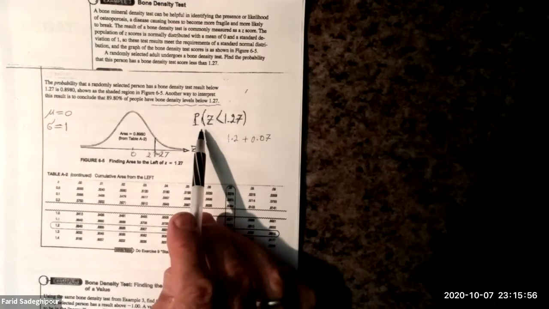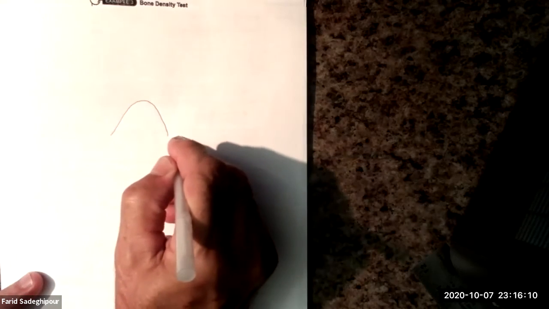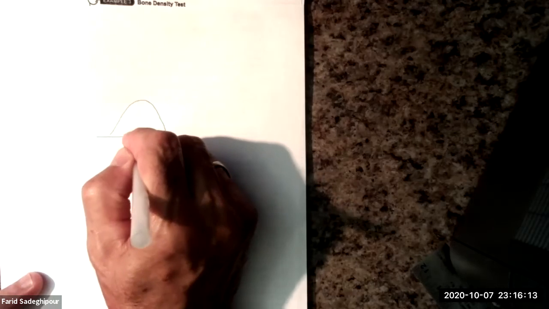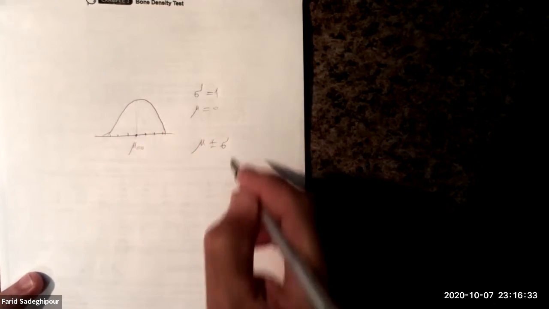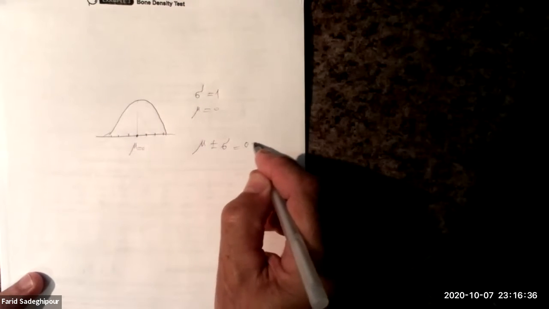If they ask us to find the probability of Z less than 1.27, see, this is 0. And the standard curve is the normal one. The mean is in the middle, which is 0, right? But if you go 1, 2, 3, 1, 2, 3, since the standard deviation is 1 and the mean is 0, what is mean plus or minus 1 standard deviation? It is 0 plus or minus 1.